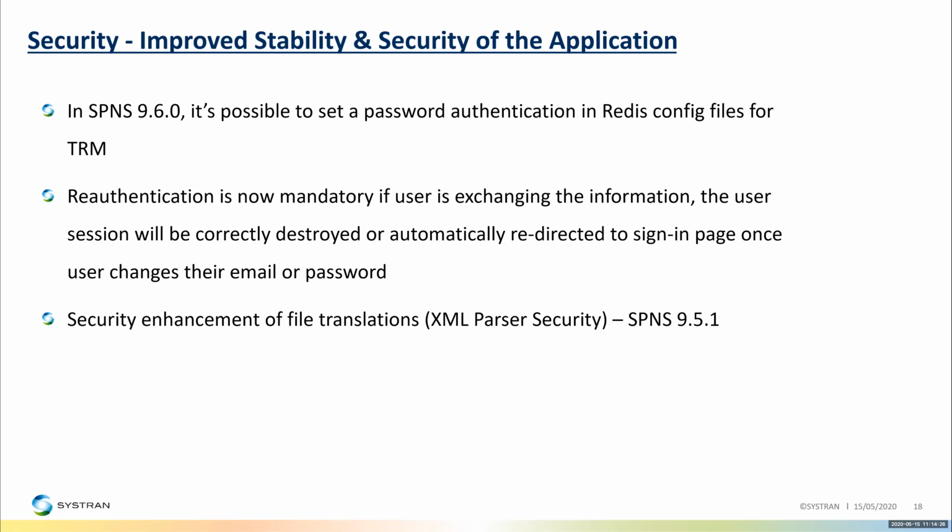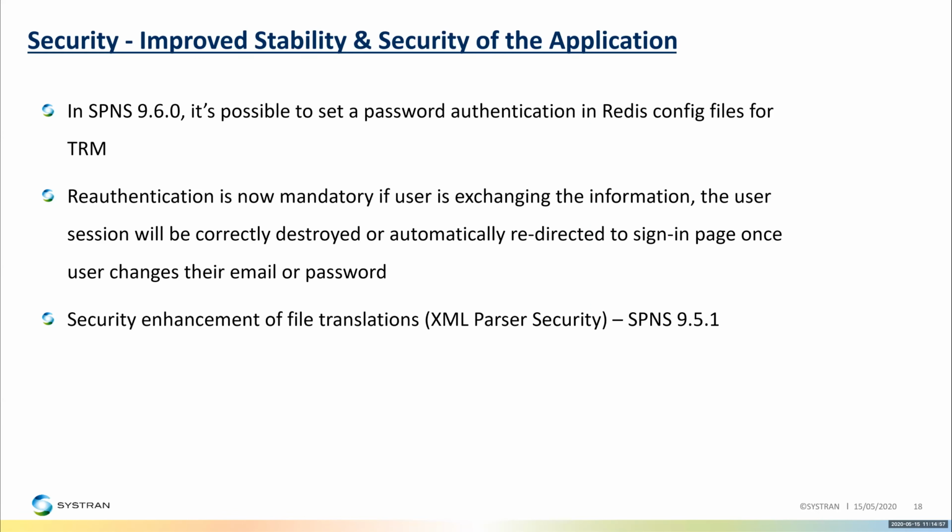Now in 9.6, the latest version, it's possible to set a password authentication in Redis config files, and re-authentication is now mandatory. If a user is changing any information, the user session is going to be destroyed, though he's not going to be kicked out. However, he's going to be redirected to a sign-in page if he changes any of his email or password.